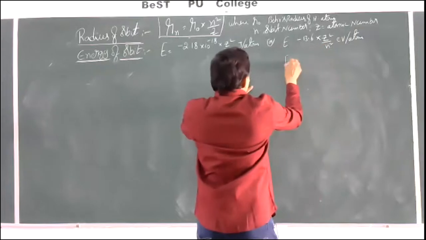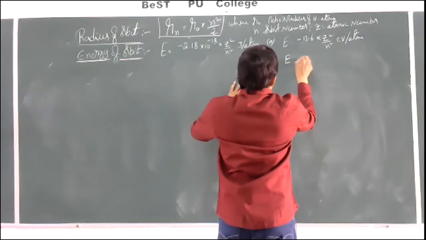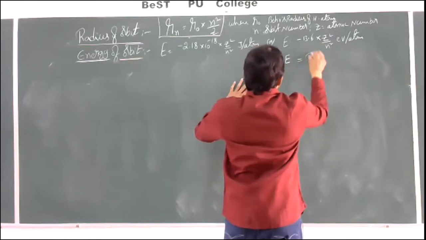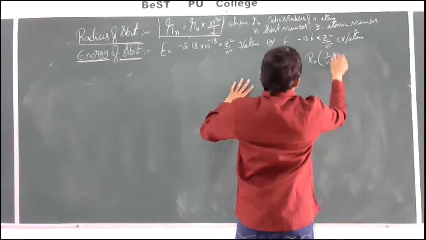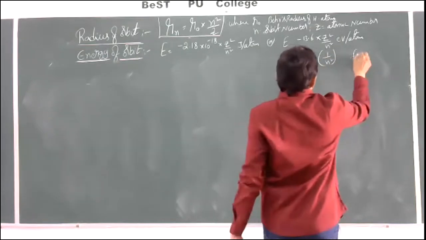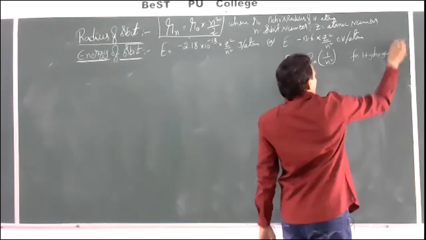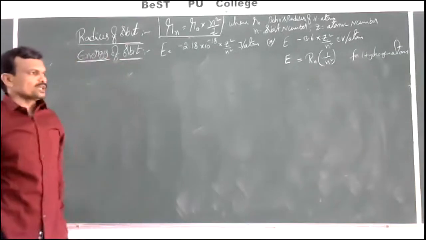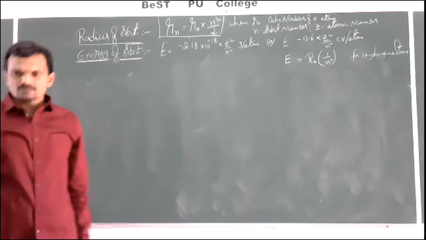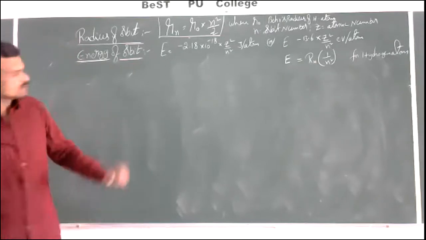Or one more expression: energy E is equal to RH into 1 by n square for hydrogen atom, where RH is called a Rydberg, or simply Rydberg constant. So this is about the expression for energy of the orbit.